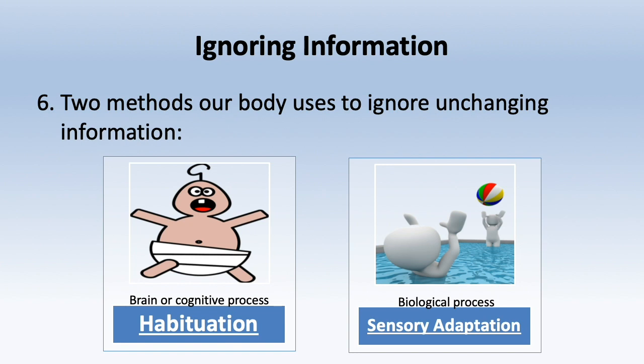That's sensory adaptation. Another example of this would be going into a room that has a different amount of light. Your eyes are going to adapt, whether it's more light or less light, to that new amount of light.